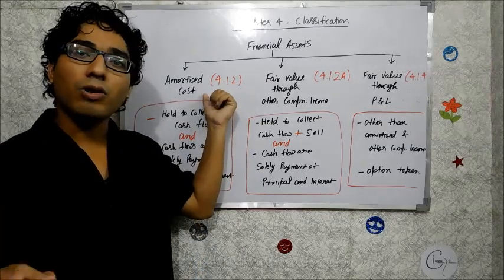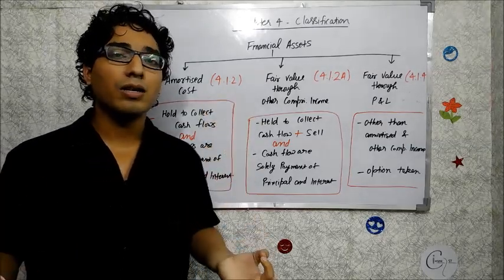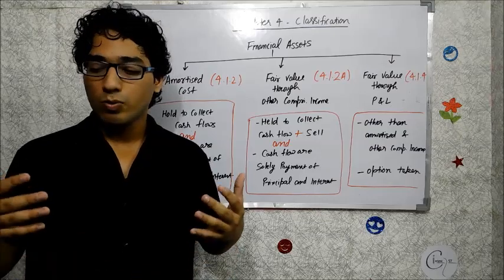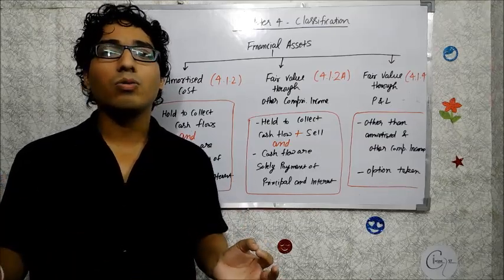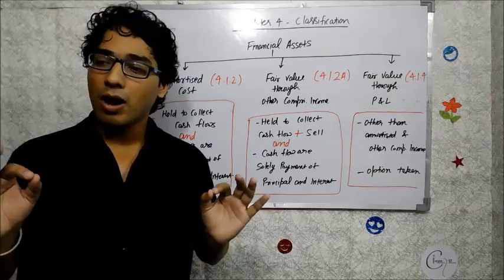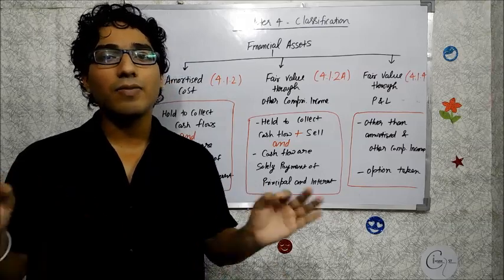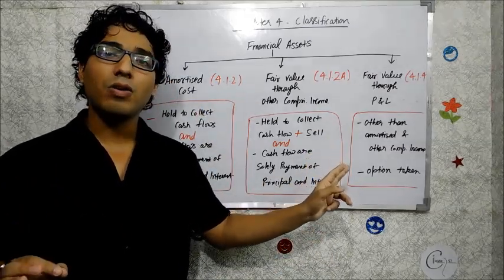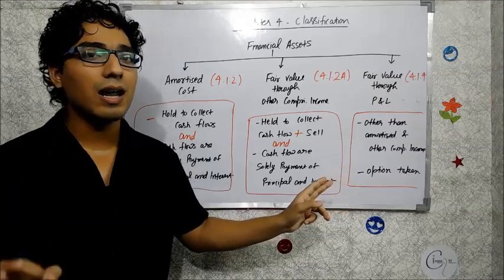I will tell you about amortized cost, but what exactly is amortized cost, or how to break down your financial asset or calculate it, we will discuss in the next video. So don't confuse it. If you have a financial asset, you have to classify it into the different categories. The principles which I will tell you in this video are regarding just the classification.